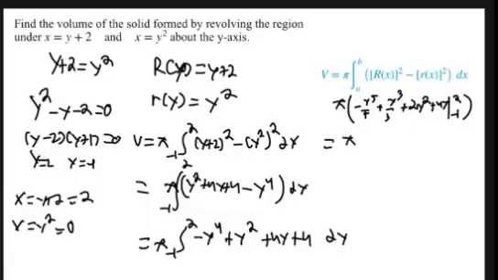Now we can evaluate this carefully. At y equals 2, we're left with -32 over 5 plus 8 over 3 plus 8 plus 8. And then we evaluate at y equals -1, and we get 1 over 5 minus 1 over 3 plus 2 minus 4.